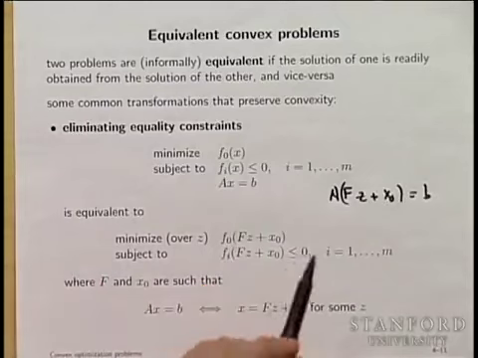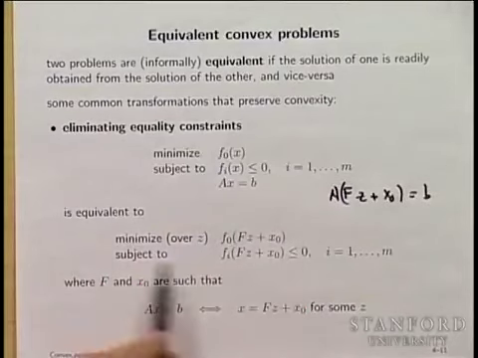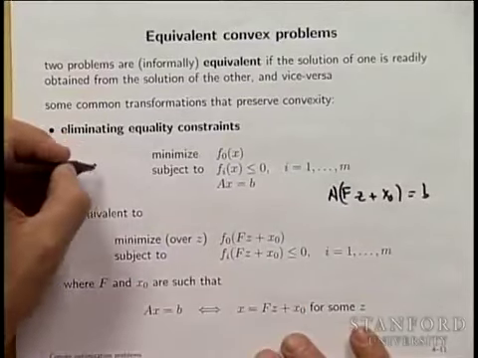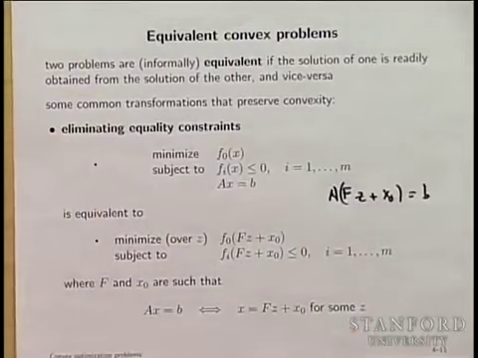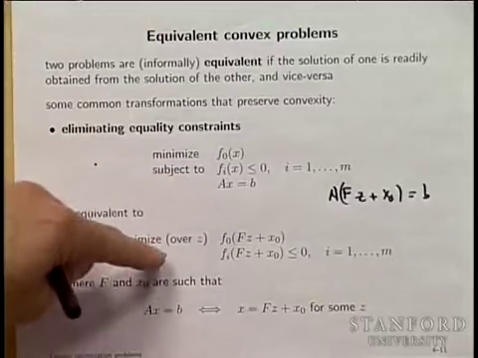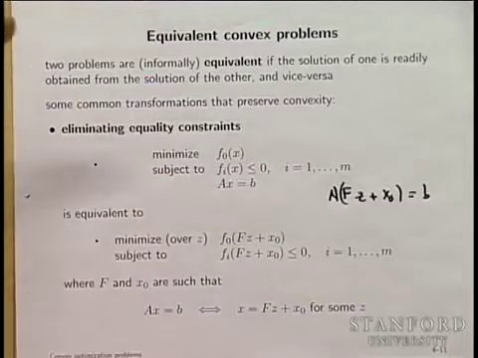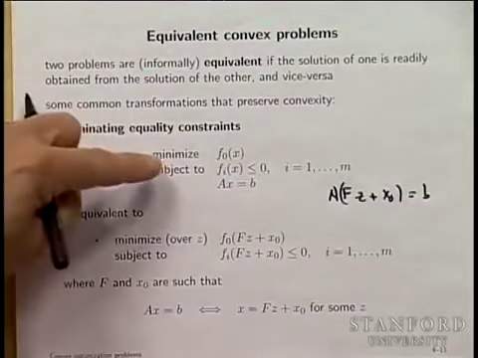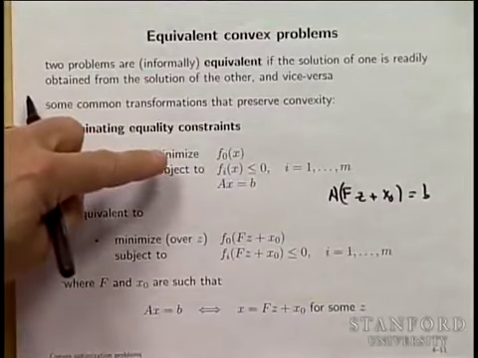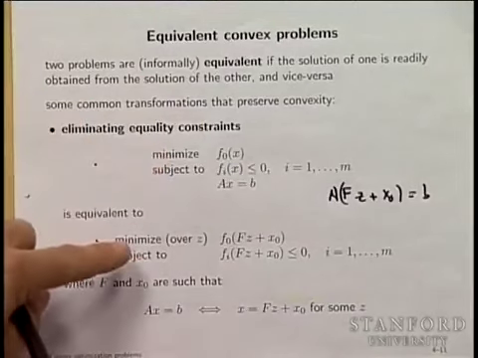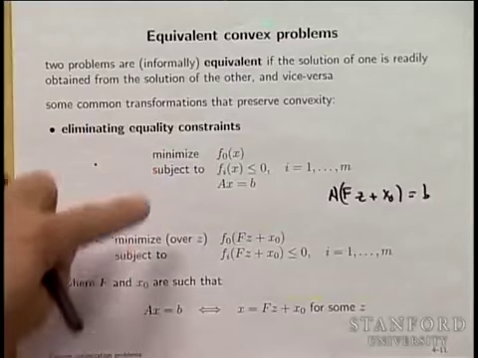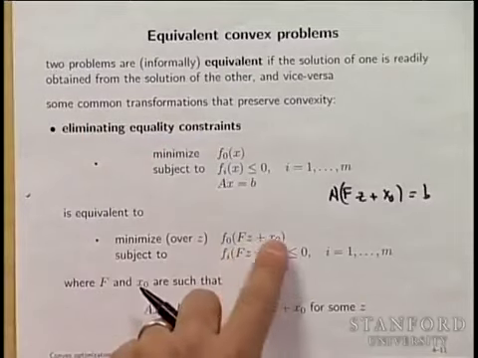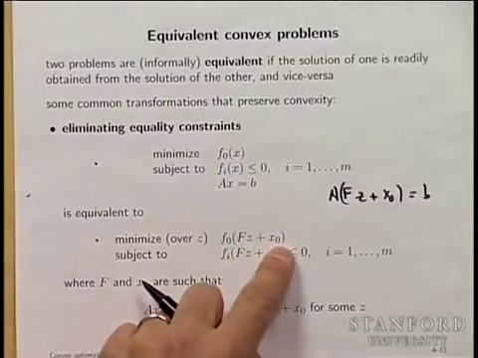So you don't need this constraint. You drop the constraint, and you get this. Now, these are not the same problem. They're totally different. They have different dimension variables. This one has equality constraints. This has none. But they're clearly equivalent, and the idea goes something like this. If you wanted to solve this problem, you'd solve this problem and then return x equals Fz plus x0. That's what you'd do.